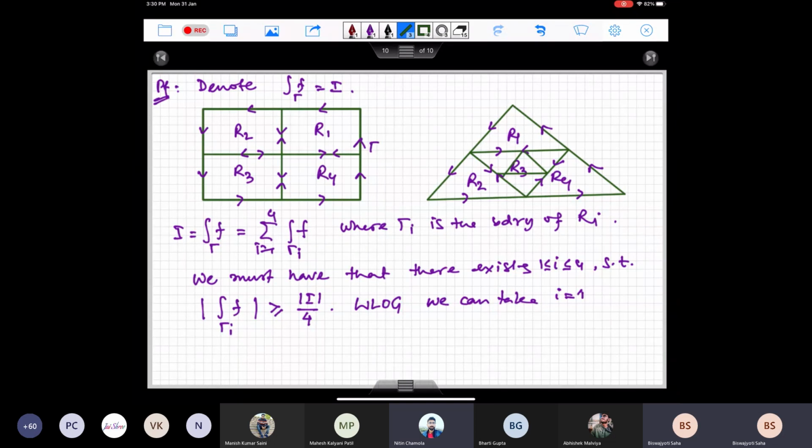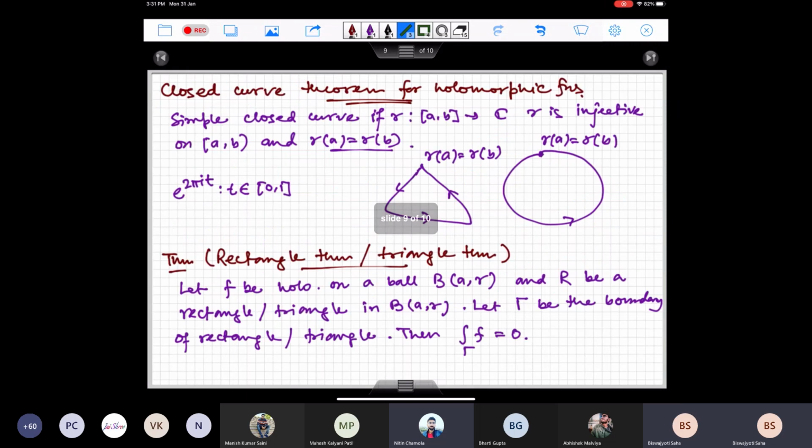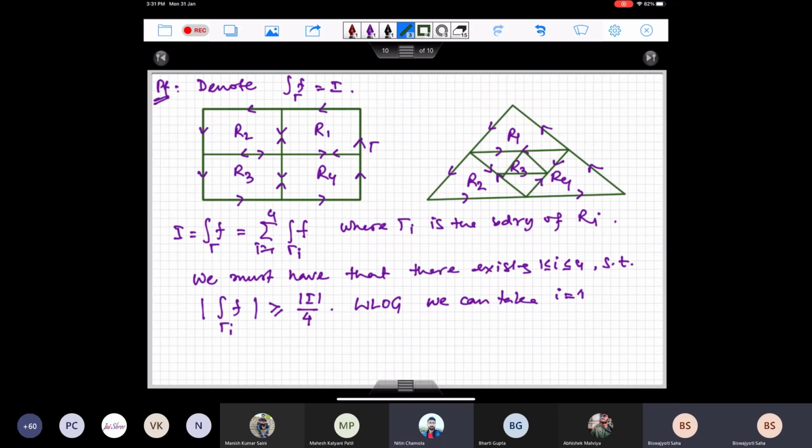So in this particular theorem, holomorphicity in the whole ball is going to be crucial, because as I said, I am going to take nested rectangles, subrectangles, and so on and so forth, but I do not know at the end when I take all this intersection which point it's going to be. It could be any point here. Because we cannot control that, I need holomorphicity in the whole ball which contains this rectangle or this triangle.